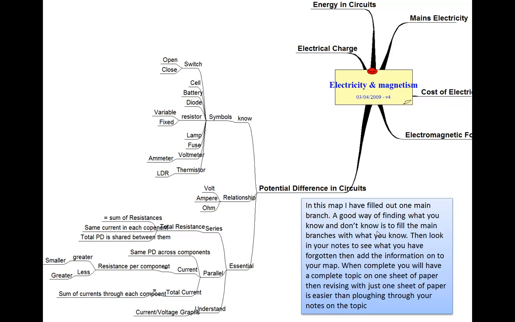But the rest you're unsure of. You can't remember. Then you look in your notes and fill out your map. When complete, you'll have a complete topic on one sheet of paper. Then revising with just one sheet of paper is easier than ploughing through your notes on the topic.